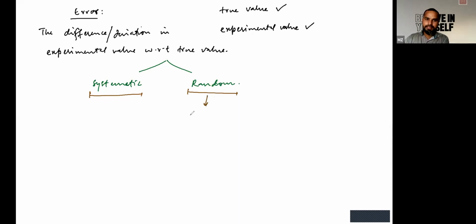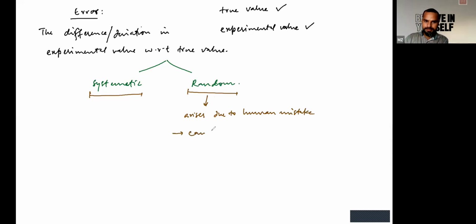So you can say random error arises due to human mistake while taking any observation, while taking calculation or any term.